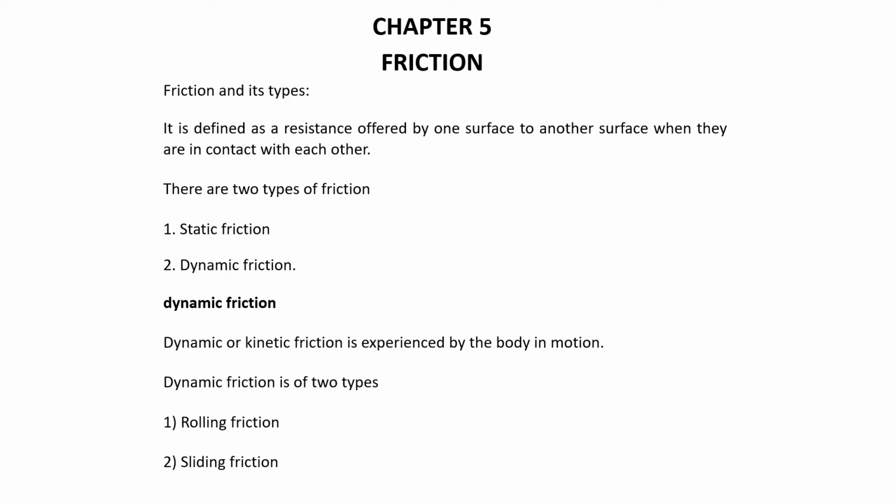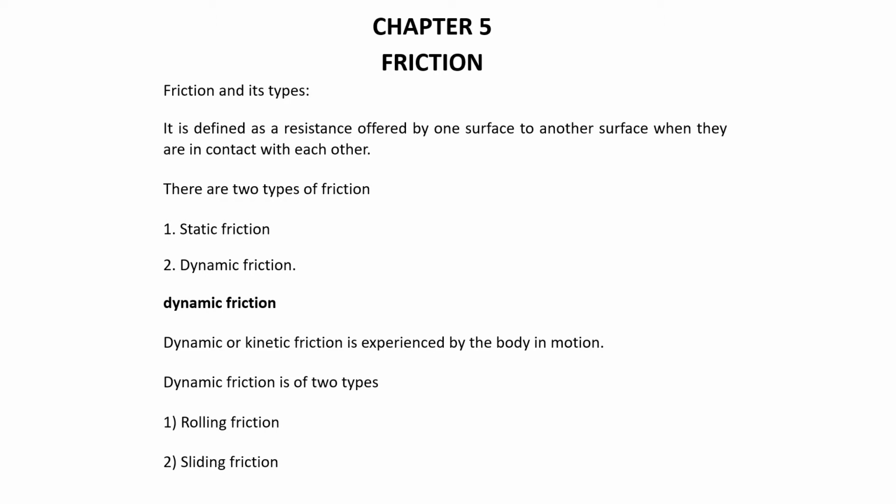First of all, what is friction? Friction is defined as resistance offered by one surface to another surface when they are in contact with each other. If two bodies are in contact with each other and when one of these moves over the other, a resistance to motion is set up.